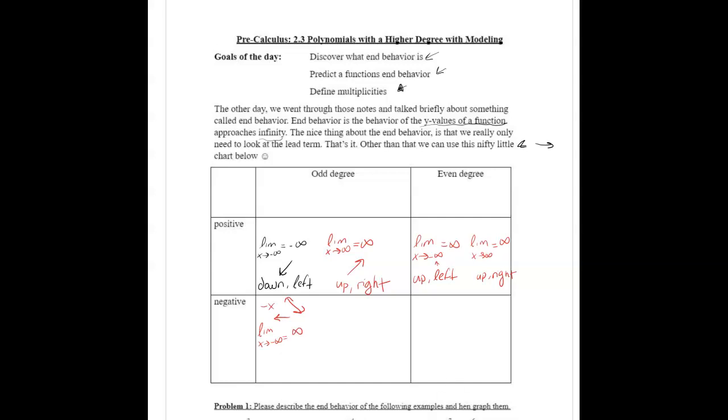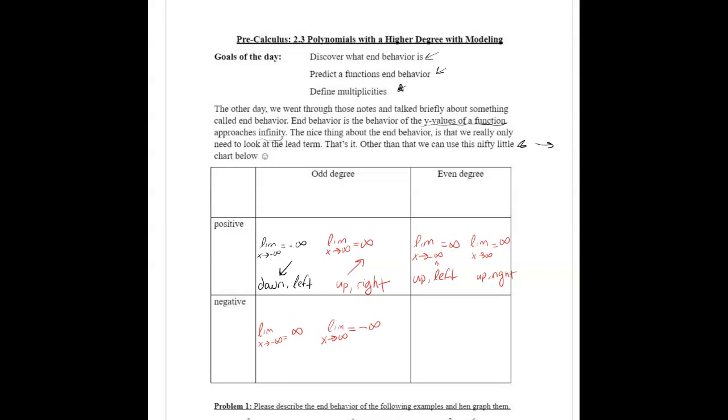And then the limit as x goes to positive infinity means my x's are going to the right. What's happening to my y values? Well, my y values are going down, so that would be towards negative infinity.